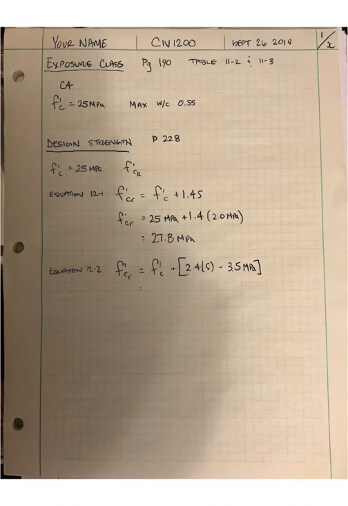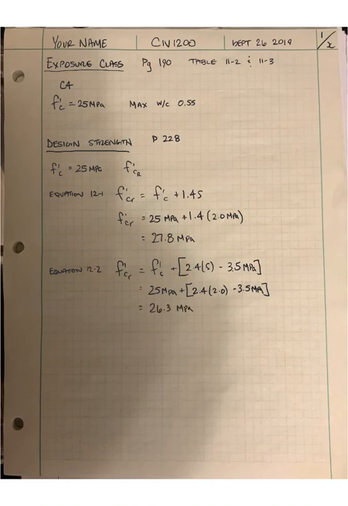So when we're doing this, this looks like 25 MPa plus 2.4 times 2.0 minus 3.5 MPa, which brings me to 26.3 MPa.